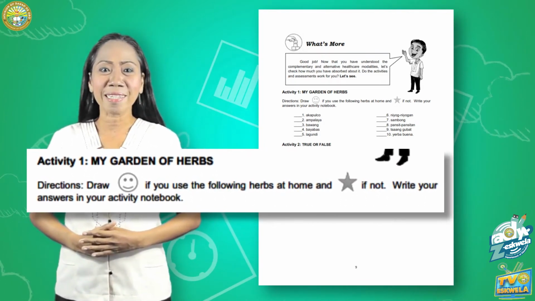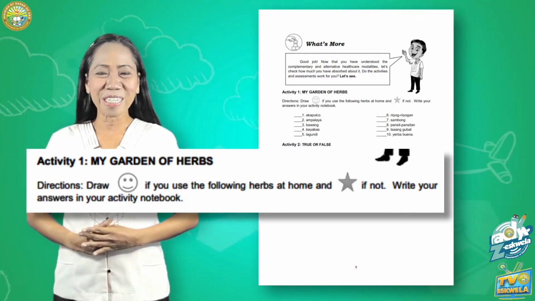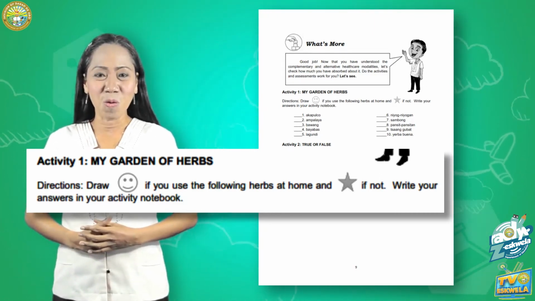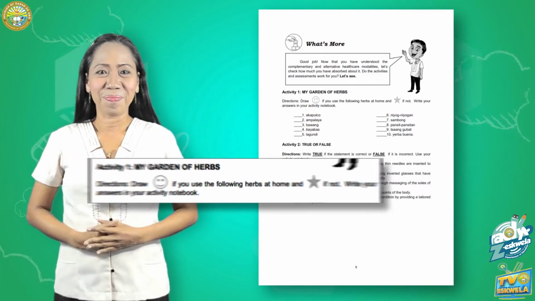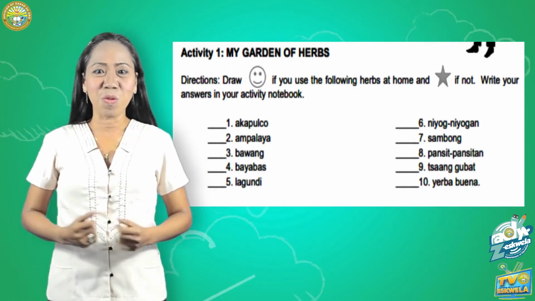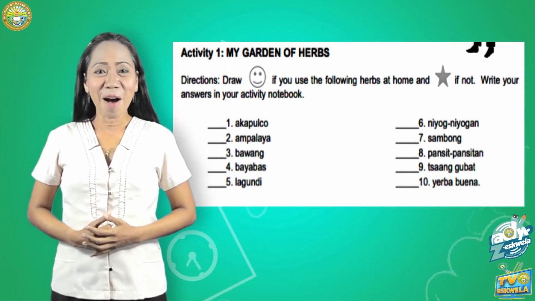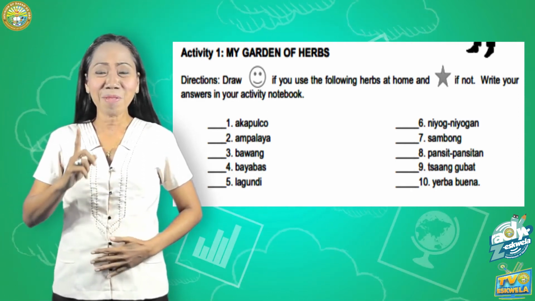The direction says, draw a happy icon if you use the following herbs at home, and draw a star if not. Write the answers on your activity notebook. Are you now ready? Okay, your time starts now.